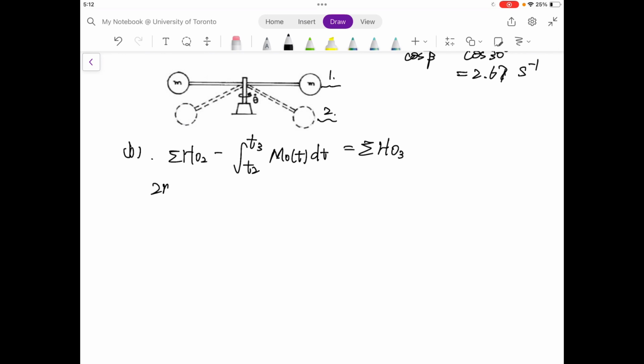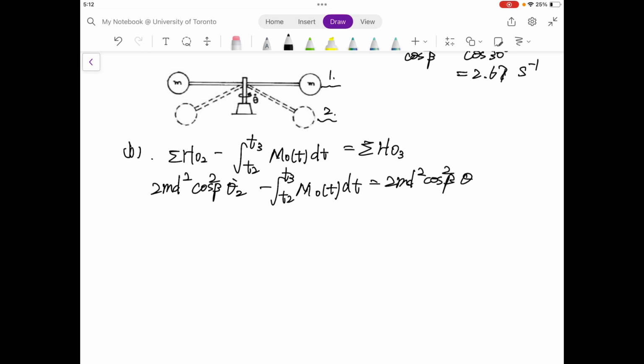So we have 2md square cosine beta square theta 2 dot plus the integral from T2 to T3 of moment O(t) dt is equal to 2md square cosine beta square theta 3 dot.